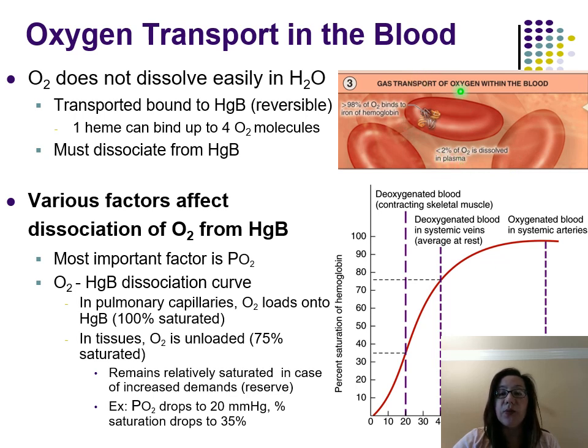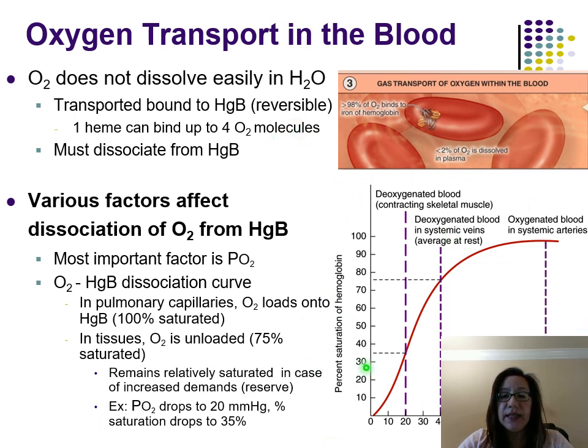So for the most part, we focus on oxygen transport attached to hemoglobin. As a reminder, every hemoglobin can bind up to 4 oxygen molecules. Now, in order for oxygen to actually detach from hemoglobin, there are different factors that affect its dissociation, which we'll talk about in a future slide.